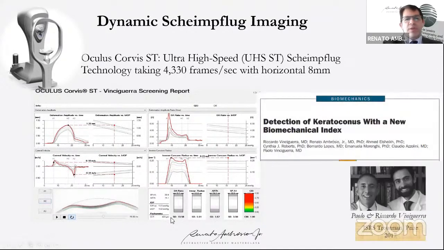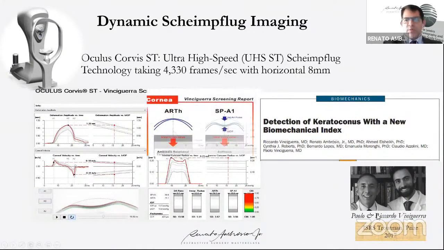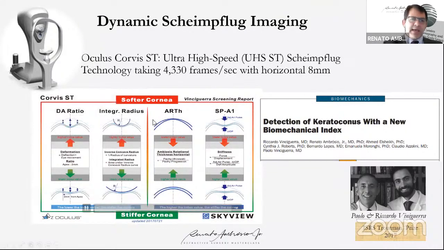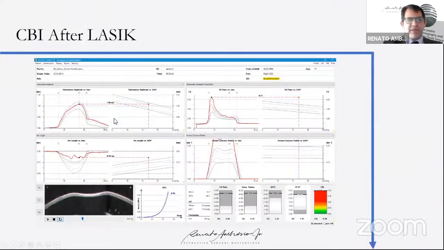And this is going to be combined with many of deformation velocity, deformation amplitude, and increasing concave radius for the CBI, which was published by Ricardo and also got the Trautmann Award a few years later. And here we can see a soft cornea and a strong cornea nicely drawn, that you have a different deformation response, but you have to understand IOP to understand the corneal deformation.